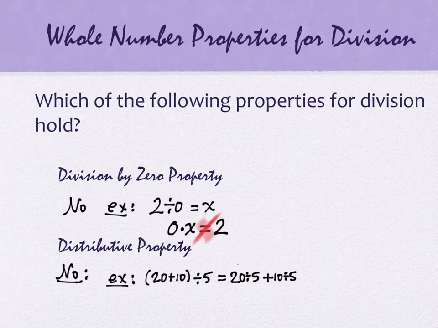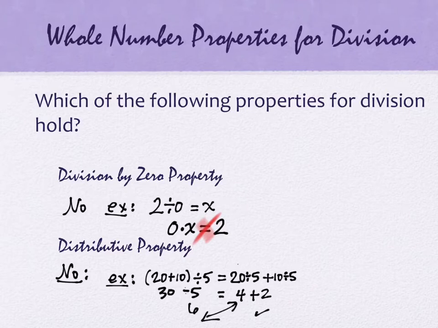It actually works. 20 plus 10 is 30. What is 30 divided by 5? 6. Yay! 20 divided by 5 is 4, and 10 divided by 5 is 2. So it works, but it only works in that order.